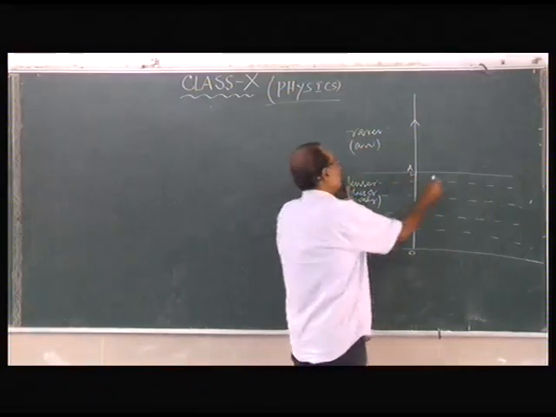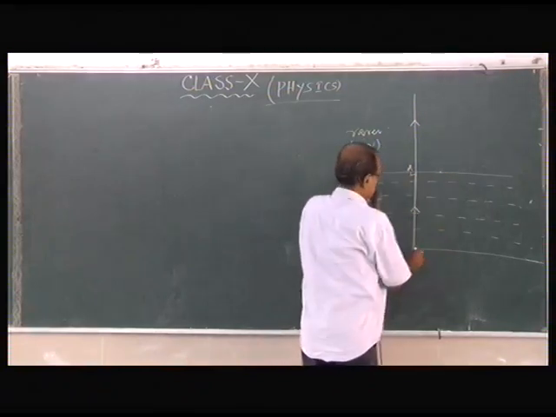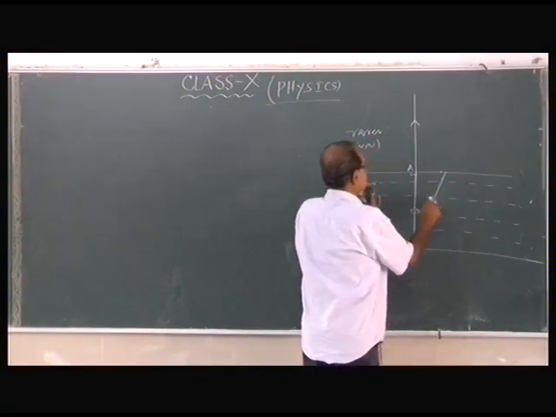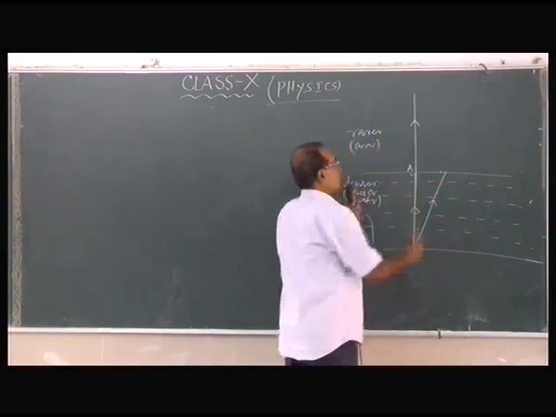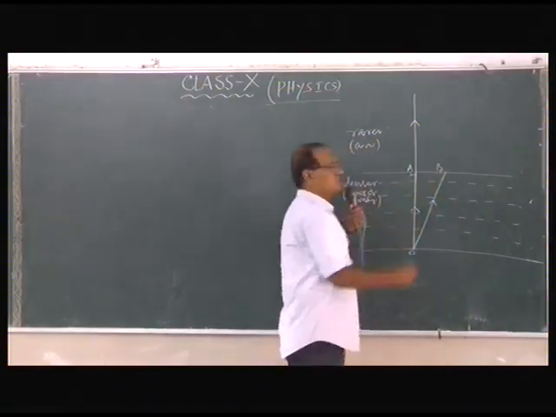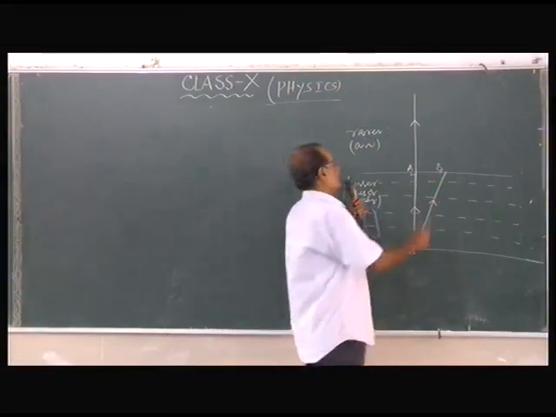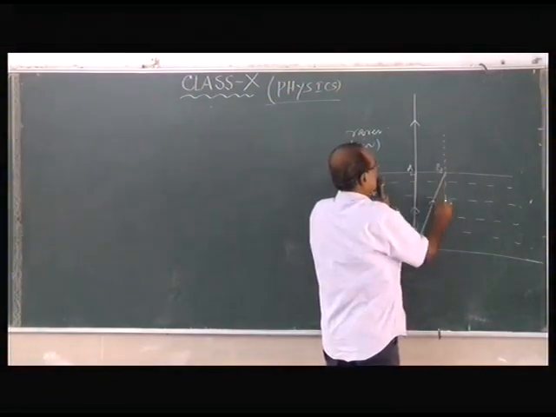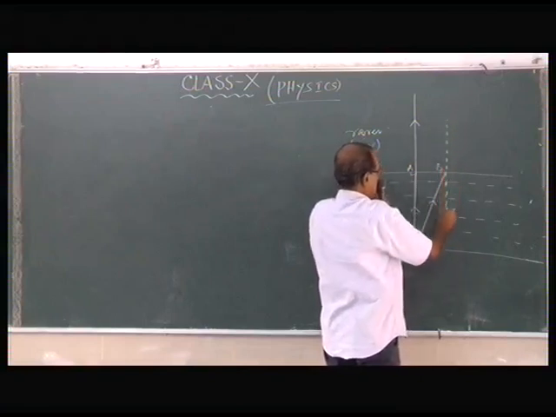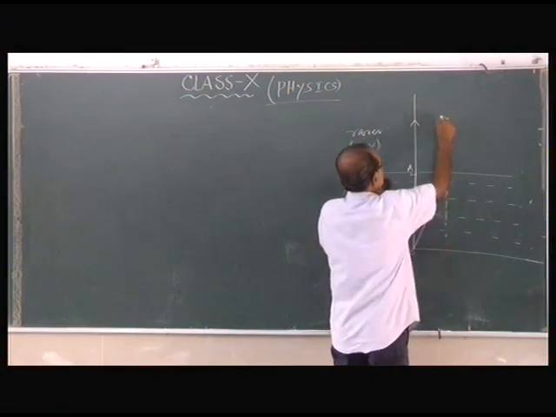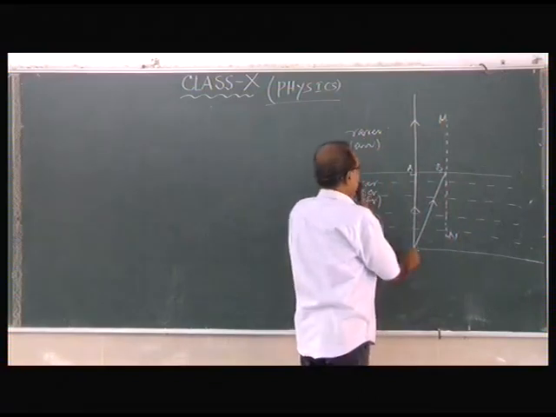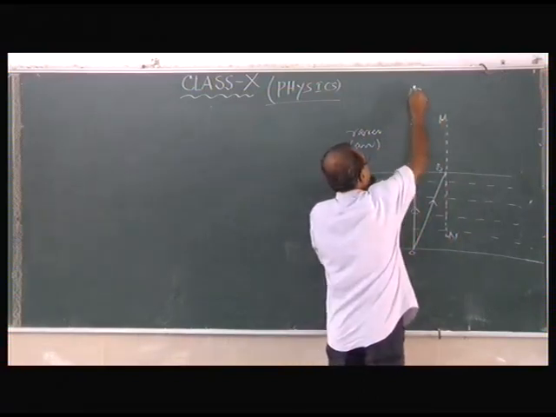And another ray we will consider that is OB, and this OB is very close to A. Now we'll drop the normal. Say this normal is MN, and this is OA, A dash.